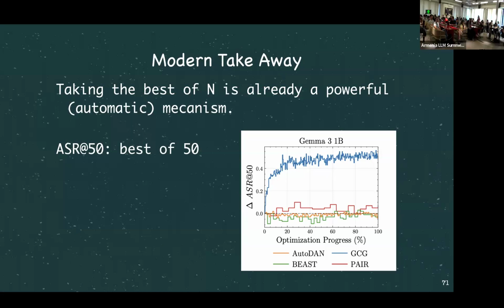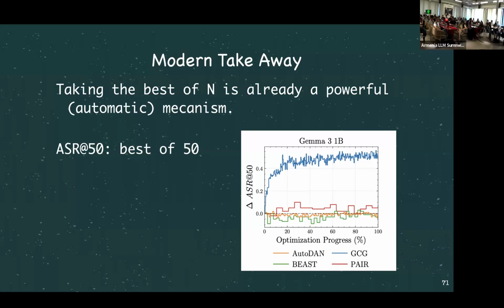So the most simple and efficient attack is just to ask the same question over and over again until you get your answer. I think ASR 50 in this plot means best of 50. So if you ask 50 times, you see if one of the 50 gives you your answer.